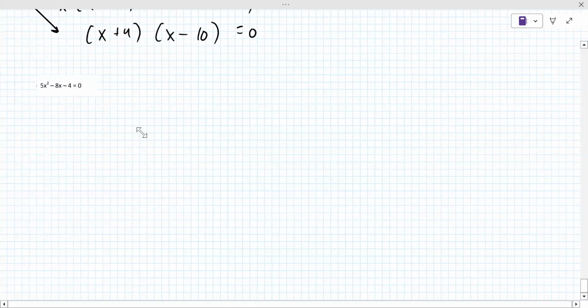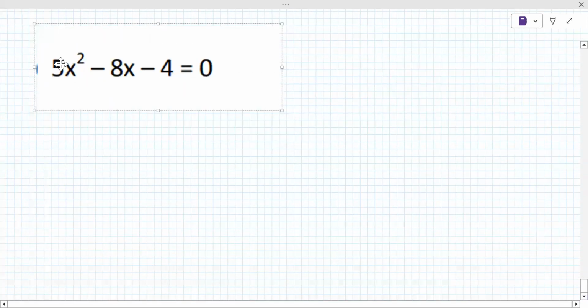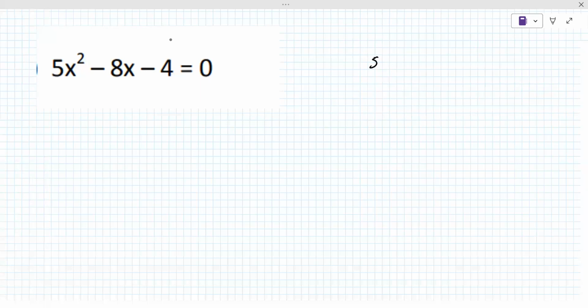All right, next one here, just increasing the difficulty. Depending on how long this takes, it could be our last question. This one, you do want to use the approach you used up here, because they call it a diamond. Since this is not 1, you have to manipulate 5 and -4. Do you remember that from previous? Yeah, so you have to multiply them together, and then you get -20 and has to add to -8. Yes. -10 and 2.